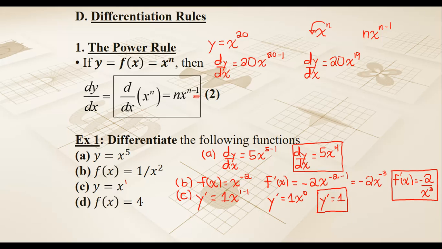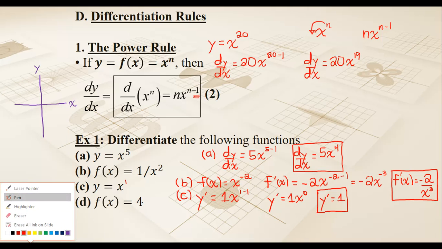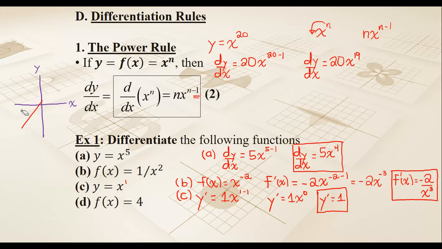Now, I just wanted to point something out here. Let's say we sketch that graph, y equals x. If I just quickly did a sketch here, y equals x is just a line that passes through the origin and has a slope of 1. So if I were to plot this, let's try to get it so it goes through the origin.